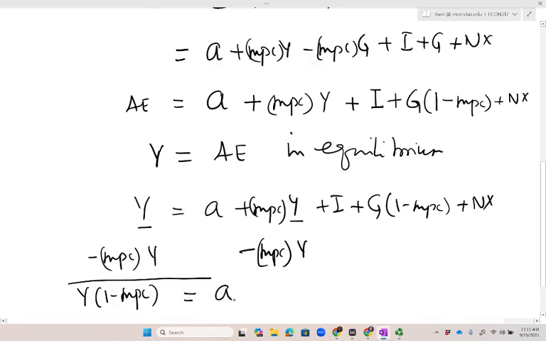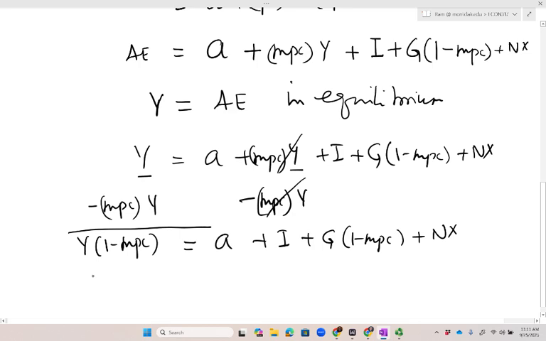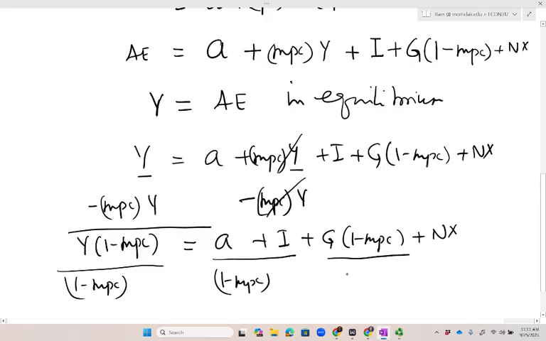And then I have A, the second term cancels out, plus I plus G multiplied by 1 minus MPC plus net export. To find the value of Y, I will divide both sides by 1 minus MPC. Maybe I will write these two terms together. Then plus G times 1 minus MPC over 1 minus MPC.